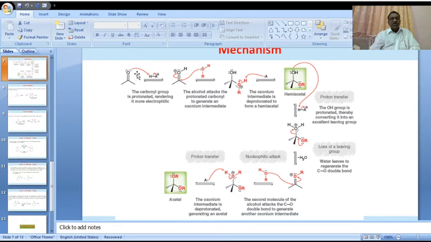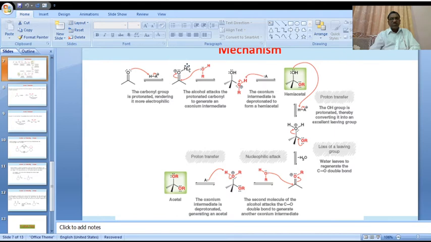These electrons available on the oxygen of the carbonyl function group transfer to H plus. This is the acid we are using, like sulfuric acid, HA. In the first step, the carbonyl function group is converted into a protonated carbonyl function group.